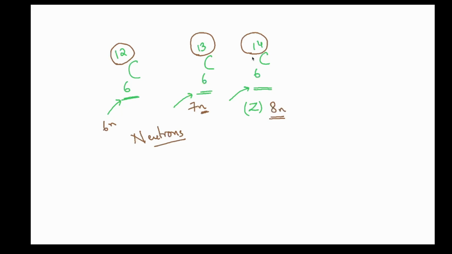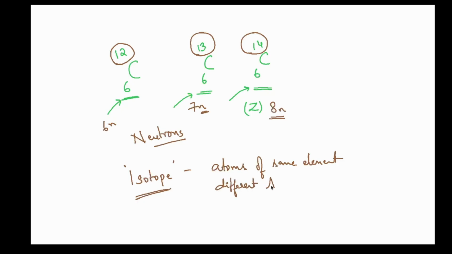So what exactly is an isotope then? Isotopes can be defined as atoms of the same element with different mass numbers.